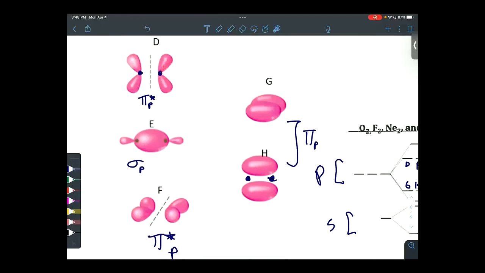So that's why it's antibonding. But in H, the reasoning here is because p orbitals are shaped like dumbbells, all right, and there's a node actually at the nuclei themselves, and so that's why you don't see electron density between the two atoms. It's above and below. Okay, all right. So that was pretty comprehensive, all right? But that's what I want you to be thinking about when looking at orbitals.